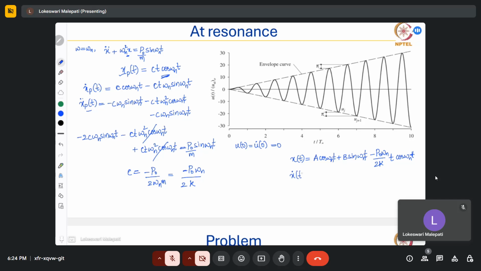And velocity will be minus a omega n sin omega nt plus b omega n cos omega nt minus p naught omega n by 2k cos omega nt plus p naught omega n square by 2k t sin omega nt.